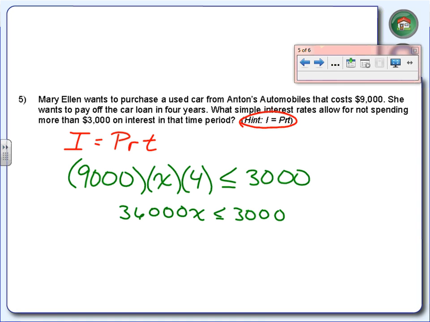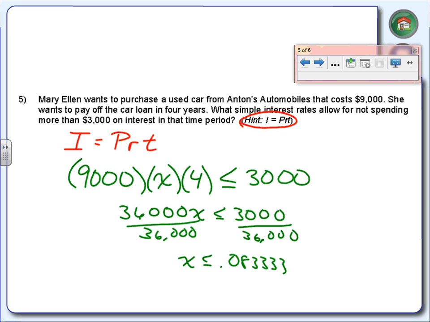Then we're going to divide by 36,000. Help me out there. 3,000 divided by 36,000 is point something. 0.083333, something like that.